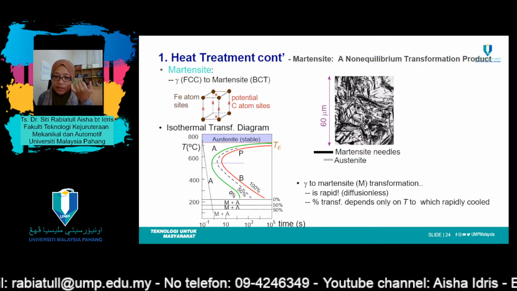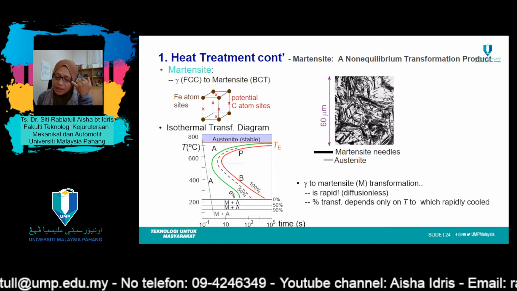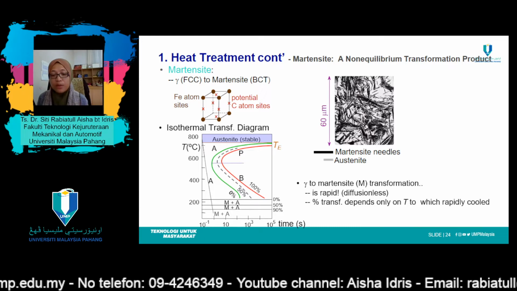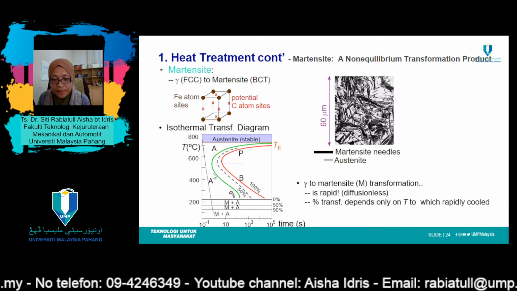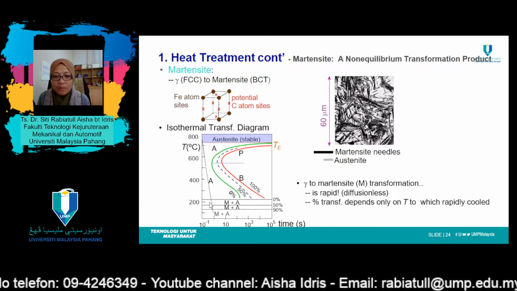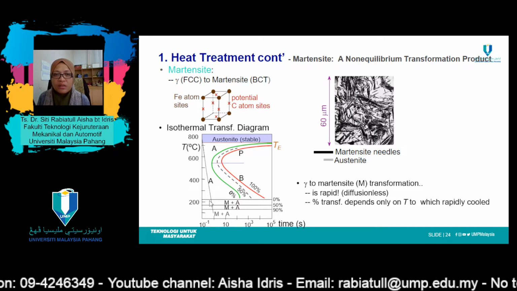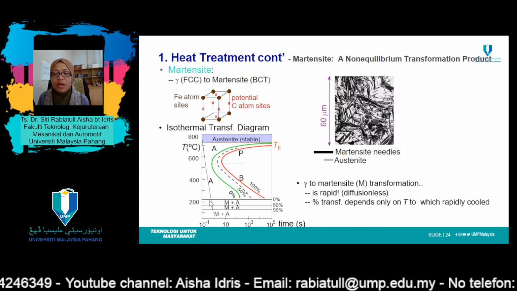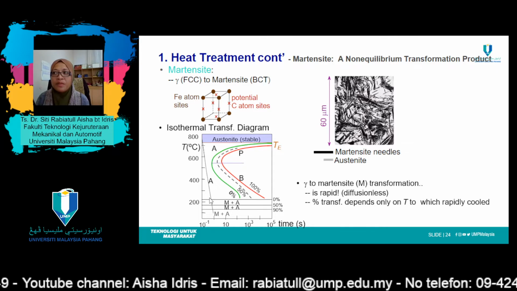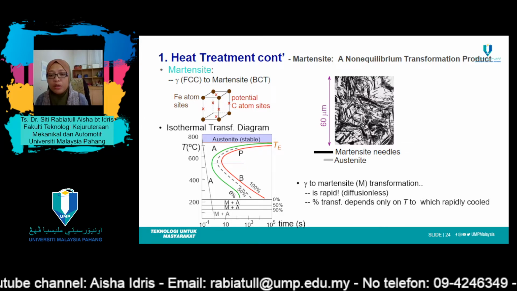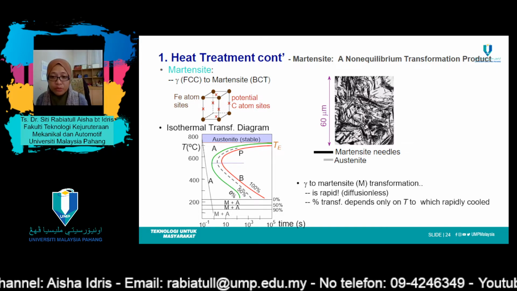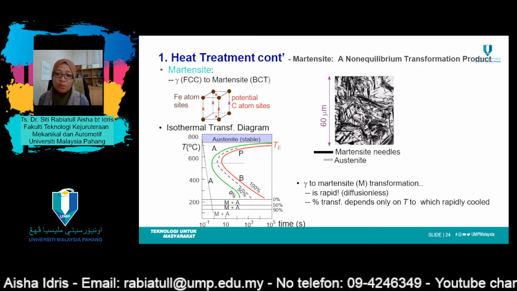However, it depends whether it is 50% martensite, 90% martensite, or 100% martensite. It depends on how fast the cooling process is introduced to that metal, and for how long.